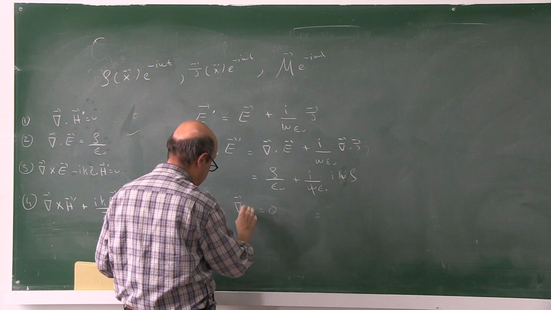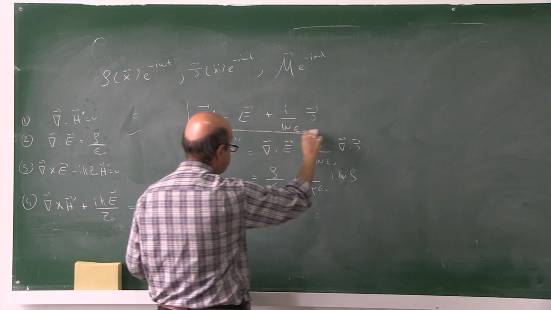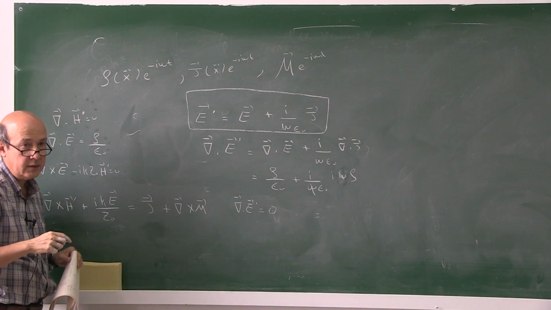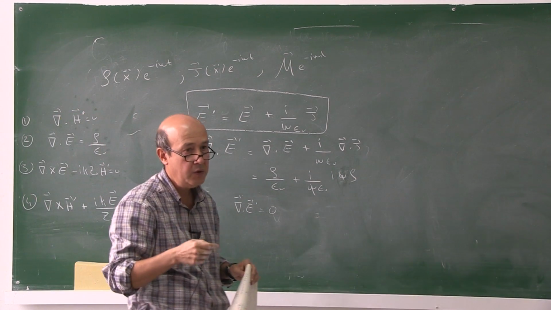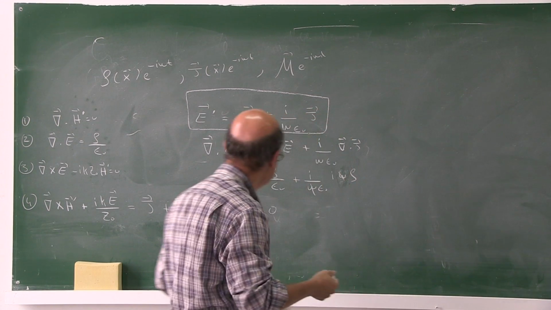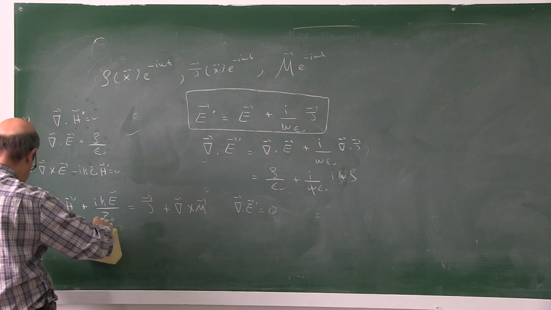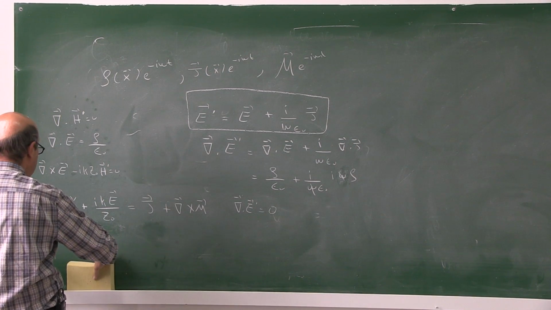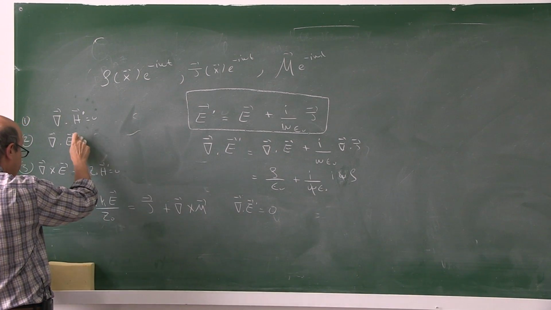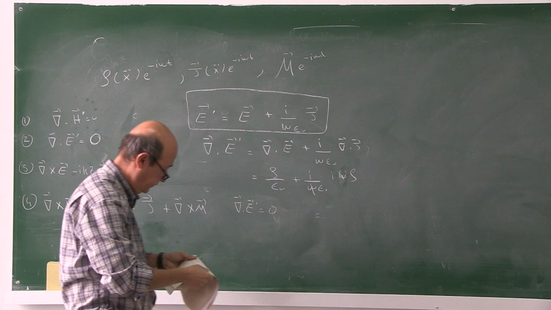So if I define a new field E prime, I can write Maxwell's equations without any divergence, and that helps me to derive the wave equations. I shift by that amount and I use the continuity equation. So now the divergence of E prime is equal to 0 under this shifting of the field.